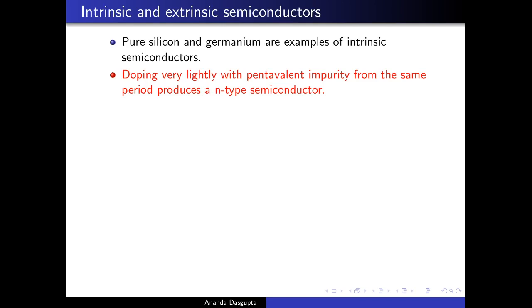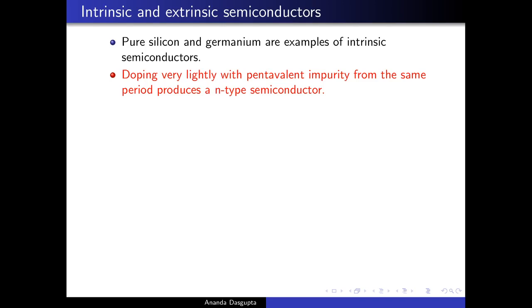If it's a pentavalent impurity atom, it essentially ends up having one level which is very close to the conduction band, otherwise empty conduction band. So it's very easy for these electrons to jump into the conduction band, giving rise to conduction electrons. Now notice that these conduction electrons come in without any corresponding holes because the electron hole pair formation has not occurred here.